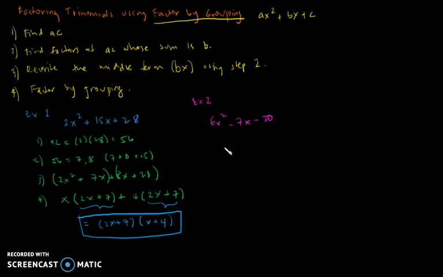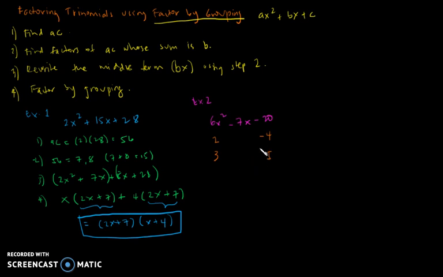Let's try. I'm going to look for the factors of 6. So 6 has factors of say 2 and 3. Negative 20 has factors of 5 and negative 4, or negative 4 then 5.